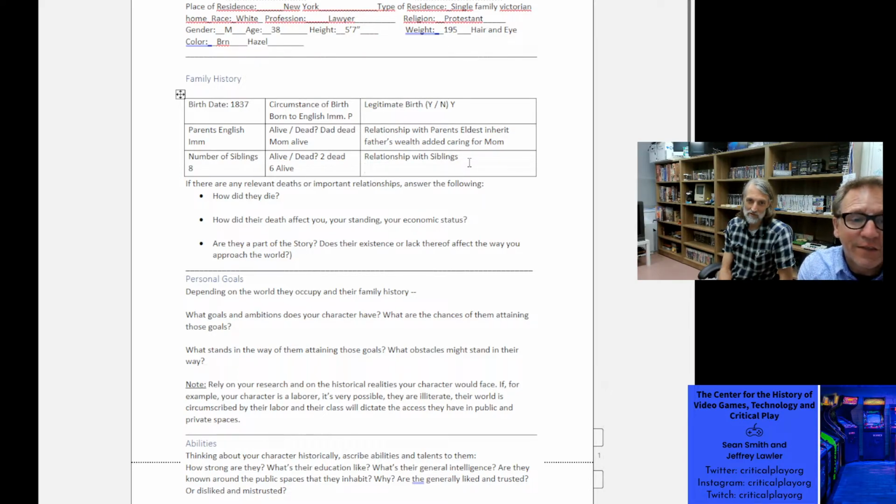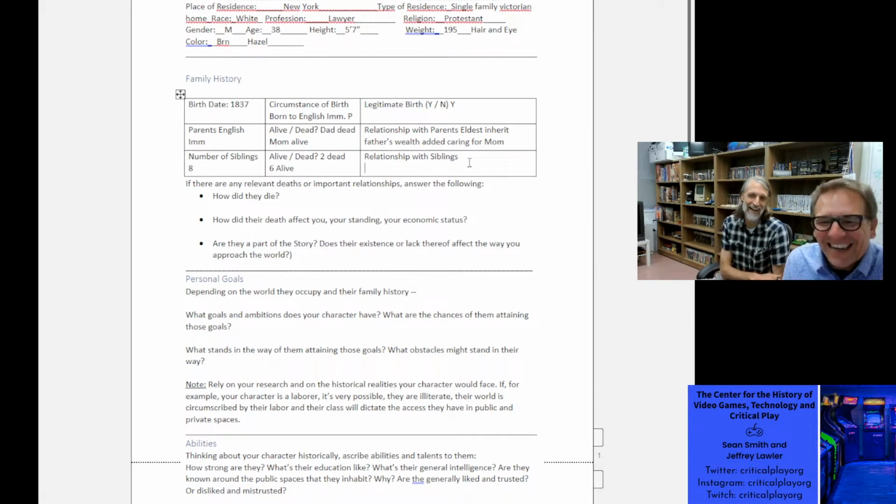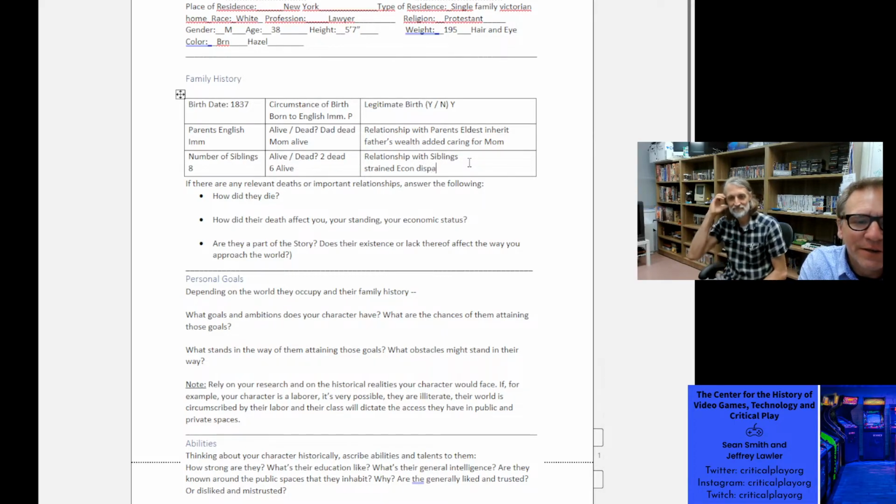And then his siblings, those that are still alive, one of them was one of these rag pickers, who he talks to every once in a while, and the rag picker and the cook. I would say it's strained because of the economic disparity in the family.